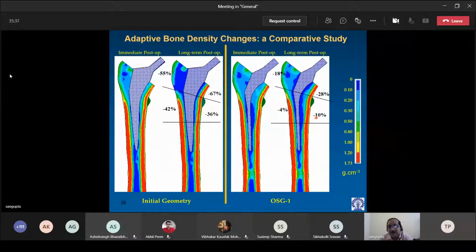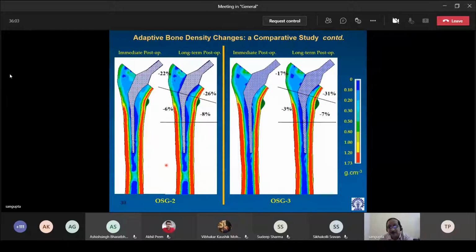From 36% to 10%. So you can cross-check that this optimal stem geometry 1 is actually resulting in a much more favorable bone density distribution after attainment of equilibrium in bone remodeling.